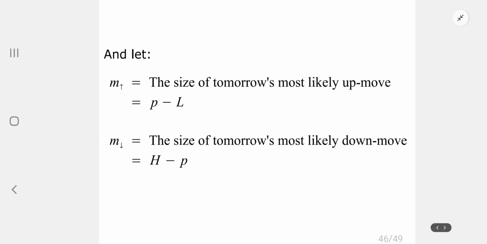And let M up arrow equal the size of tomorrow's most likely up move, which equals P minus L. And let M down arrow equal the size of tomorrow's most likely down move, which equals H minus P.